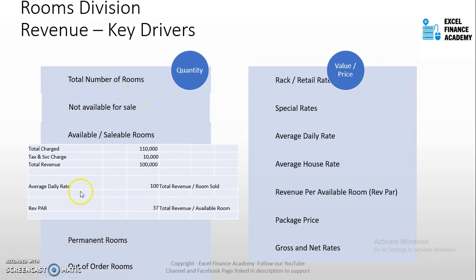So the average daily rate comes to 100. And then the RevPAR comes to 37, based on the total number of rooms available, which were around 2,730 in the previous example.